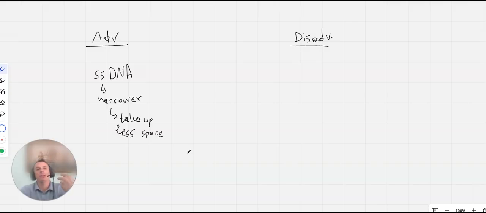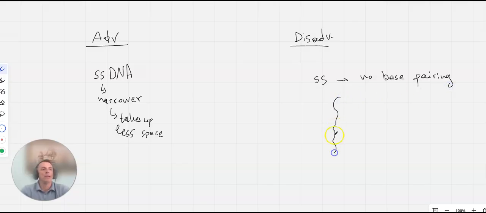Okay, a disadvantage here is that the bases are more vulnerable to chemical attack when unpaired, so we've got more mutations. So single-stranded, no base pairing. The DNA sequence looks like this, and this is just an example here.